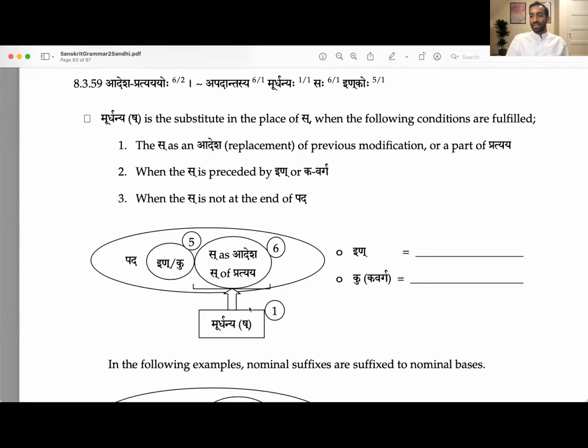So the reason it does not become yushmashu is because right before the sakara is an akara. Right before the sakara is akara, correct? Yushma, correct, su.